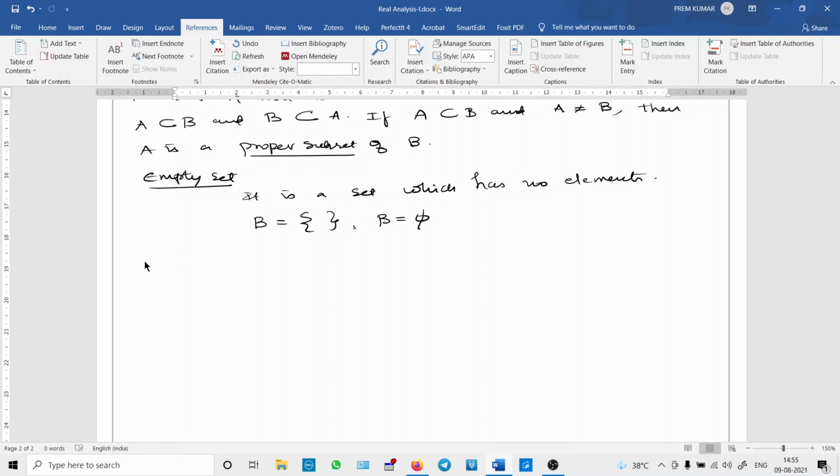And hereafter all the sets, the convention we are going to use is something like a rule we make.